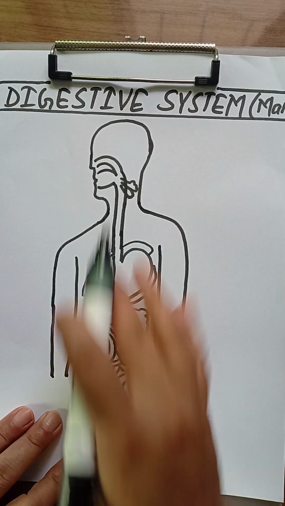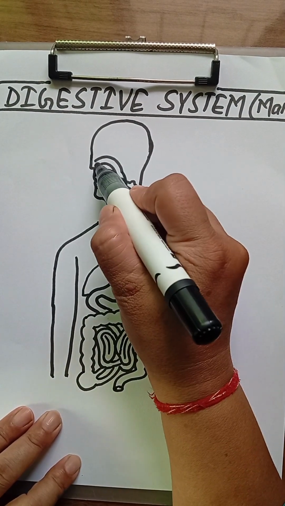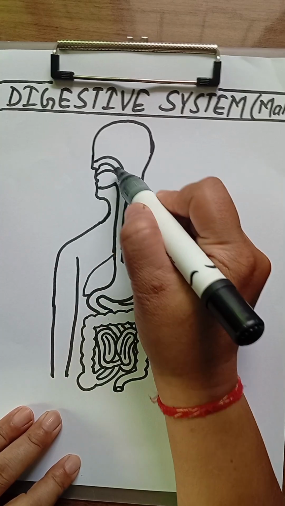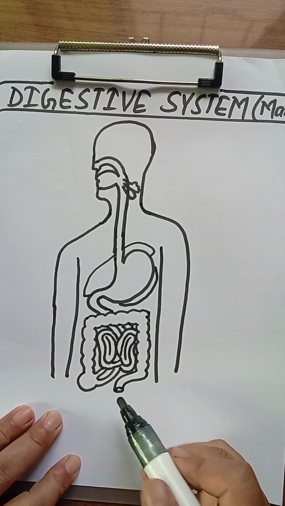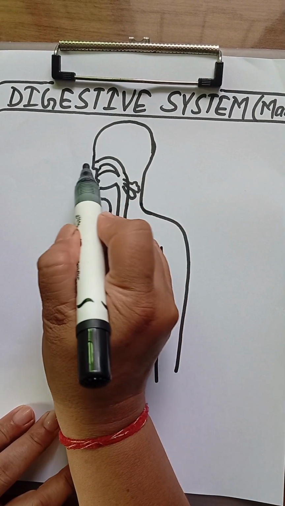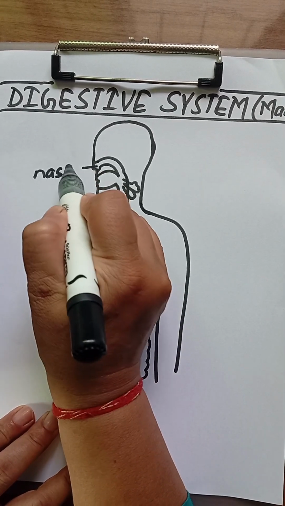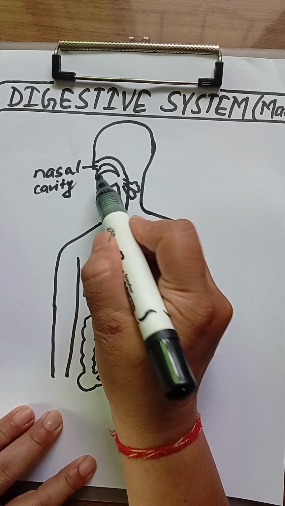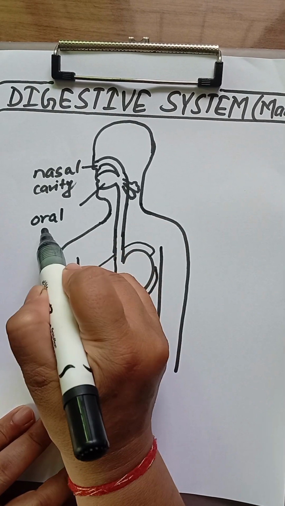This is the complete alimentary canal that terminates downward from the nasal cavity and oral cavity to the anus. Then after we are going to label the diagram. We are starting from here. This is the nasal cavity. This is the oral cavity.